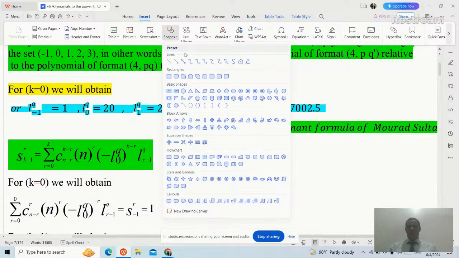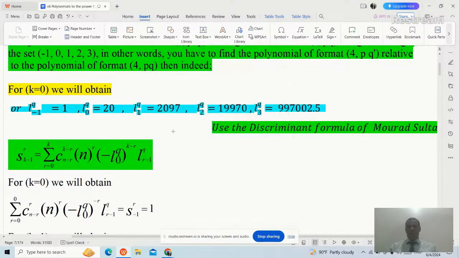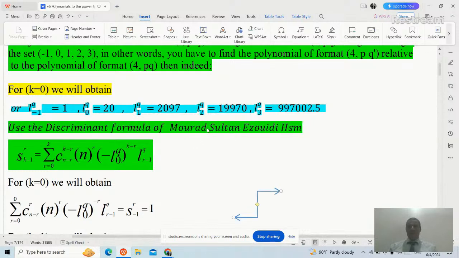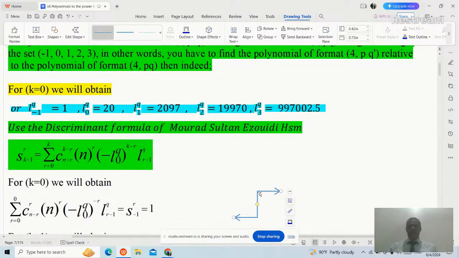So this one, learners, is called the discriminant formula of Mourad Sultan Ezouidi.